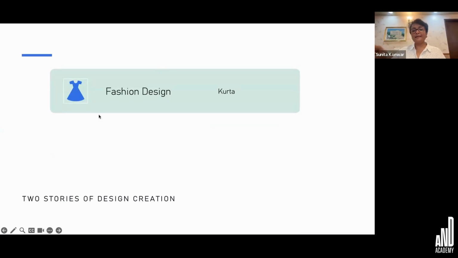Along with her, there was another girl who was not known to me. When I asked what it was about, she said, she's my friend from the fashion design department, and I am acting as a model for her. I'm wearing this kurta, which she has designed.